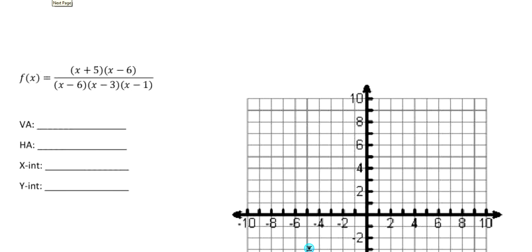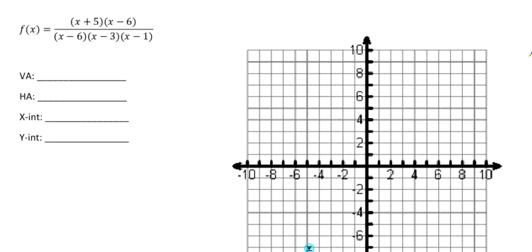Okay, here we go. The first thing we do is look, do we have any common factors? Well, yes, we've got a common factor right here of x minus 6. So I have a hole in this graph. And my hole is going to be at 6 because that's what I'm going to remove, the solution.